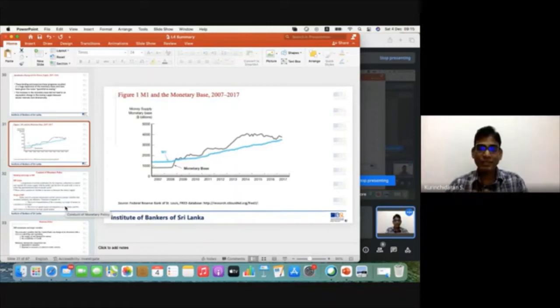They maintain stable prices by manipulating the money supply. Now you know how they can manipulate the money supply. So this is the central bank's function that we have discussed up to now. Any questions on that?